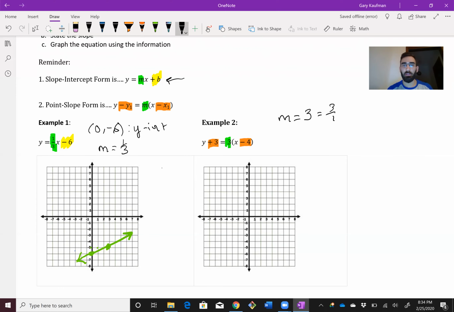So we have to ask ourselves, what was substituted into x1? We're thinking here it's minus a 4. So that means x1 is 4. But when we see a plus a 3, that's the same thing as saying minus a -3. So that means our y1 is -3. So our ordered pair is therefore (4, -3).